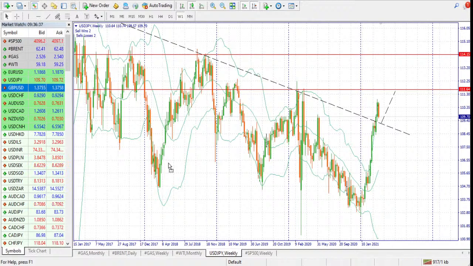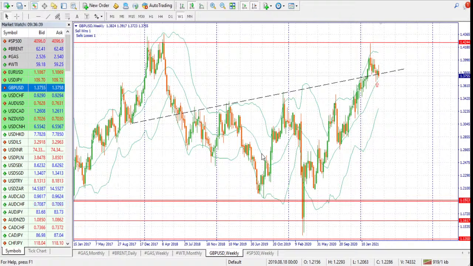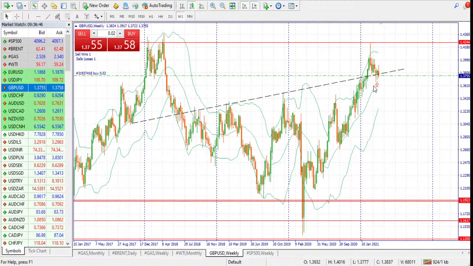We'll move forward to our next symbol, GBP/USD. GBP/USD should be a buy. As we are speaking now, this should be a very good buy. We have a very good support here. We don't expect price to close below this trend line by the end of this week, especially the line I've just drawn.